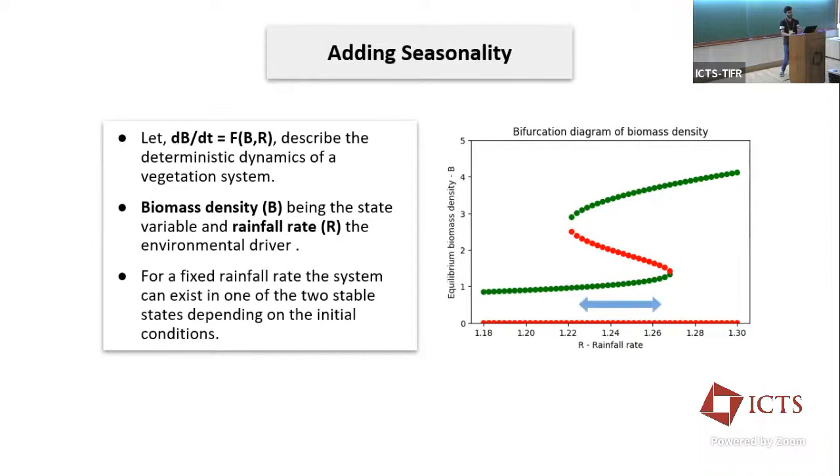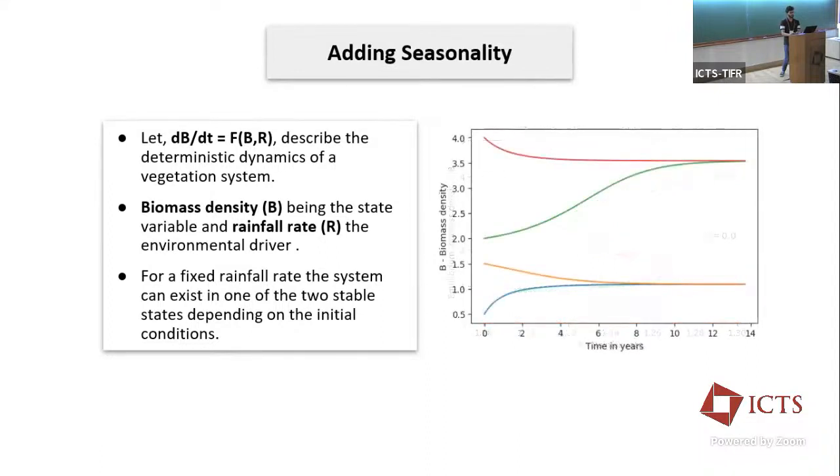So you can see here for a fixed rainfall rate, there's a range where the system shows bistability, and the system depends on the initial conditions to predict which state the system is in. So the system can be on either of the bistable states depending on its initial conditions.